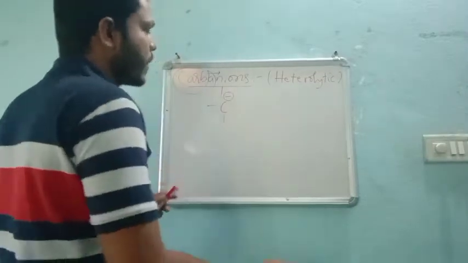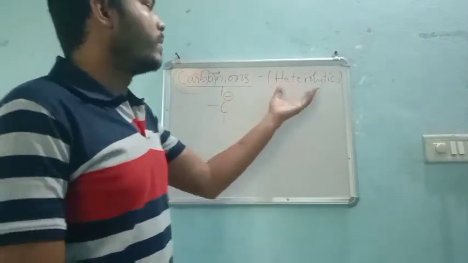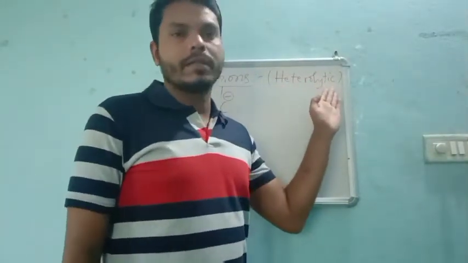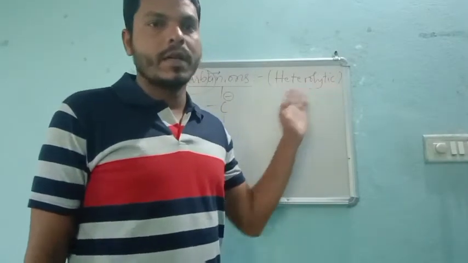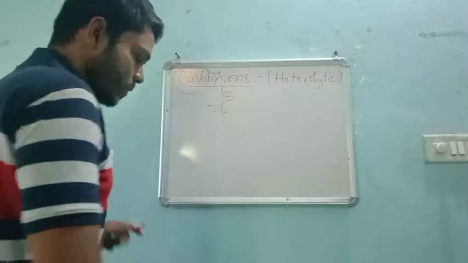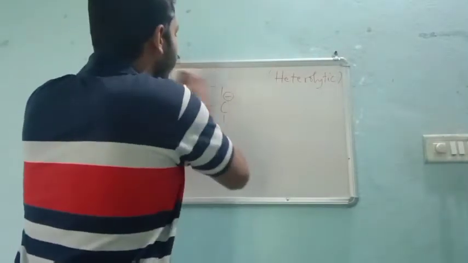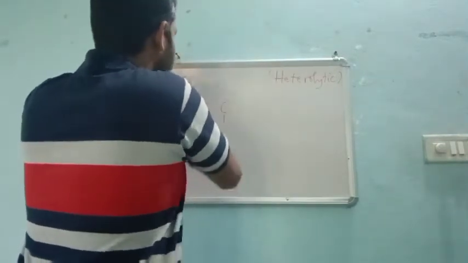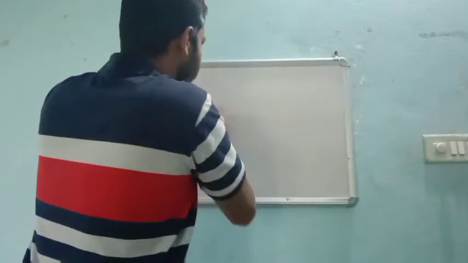That means a carbanion will be formed whenever a heterolytic type of cleavage takes place in the organic compound. Right? So the last one is free radical. What are free radicals? We will see now.